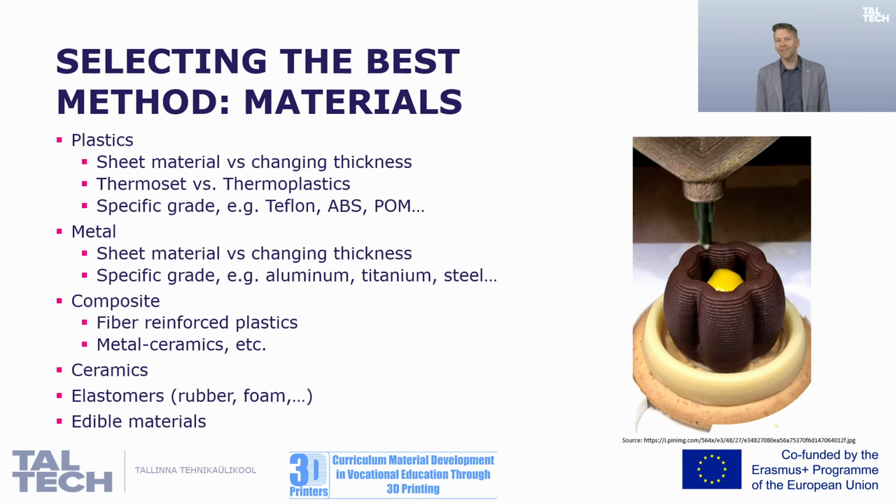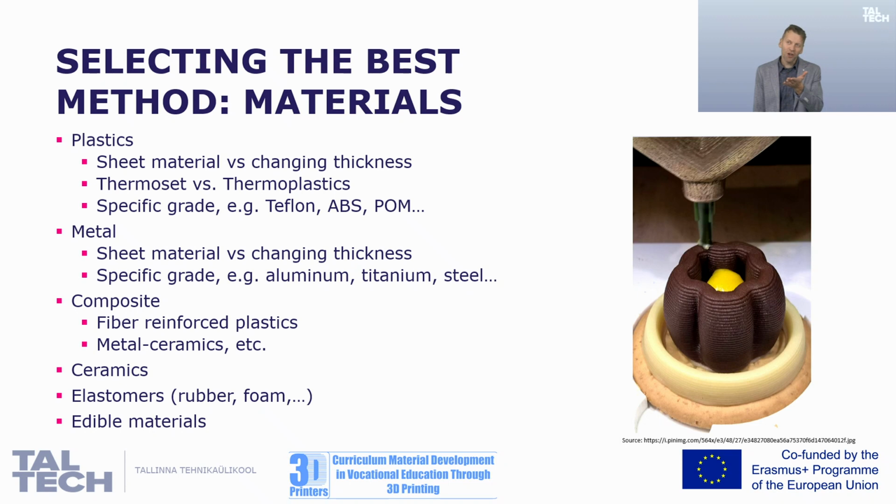Fiber reinforced plastics, or maybe metal ceramic composites that are totally different from each other. Then there are ceramics. In some parts we need elastomers, which is basically rubber-like material that can deform a lot. It's in some cases very soft, in some cases harder. And in some applications, we need also edible materials that we can actually eat.